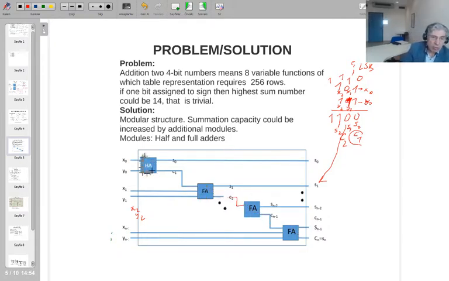At the beginning, the block had 2 inputs and 2 outputs, but this block has 3 inputs and 2 outputs. So this block is different from this one. So this block is called half adder. And this block is called full adder.